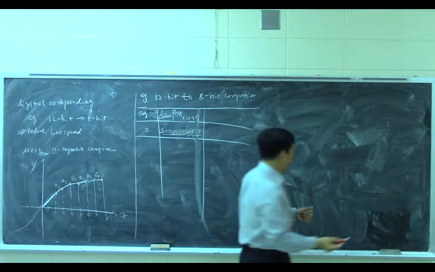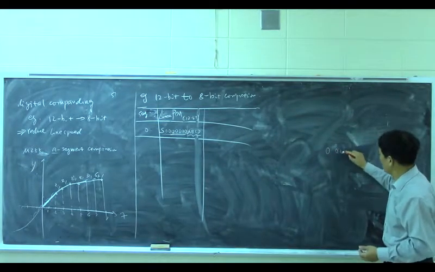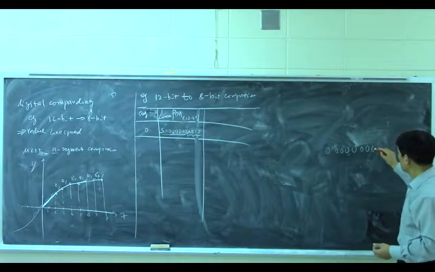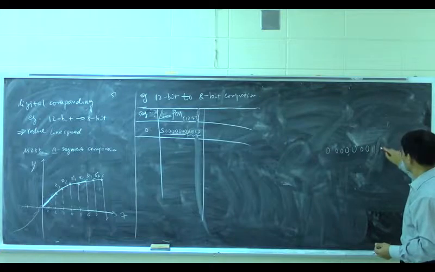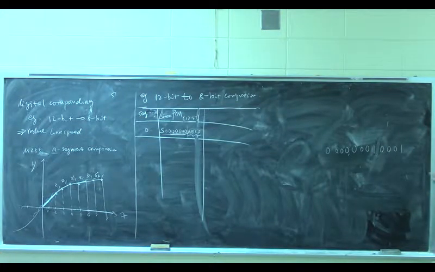For example, say the 12-bit is 0, 1, 1, 1, 1, 1, 1, 0, 0, 1, 0, 0, 0, 1. Is this number small? Meaning, is this one on segment 0?